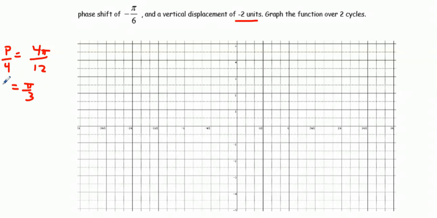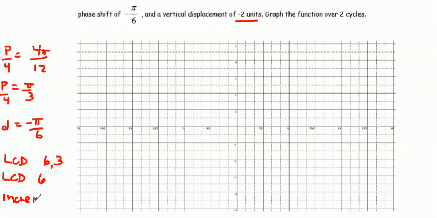So our quarter period is pi by 3. Our phase shift is negative pi by 6, and so we're looking at 3 and 6 as our denominators. The lowest common denominator of 6 and 3 is 6, so my increments are going to be in terms of pi by 6s.